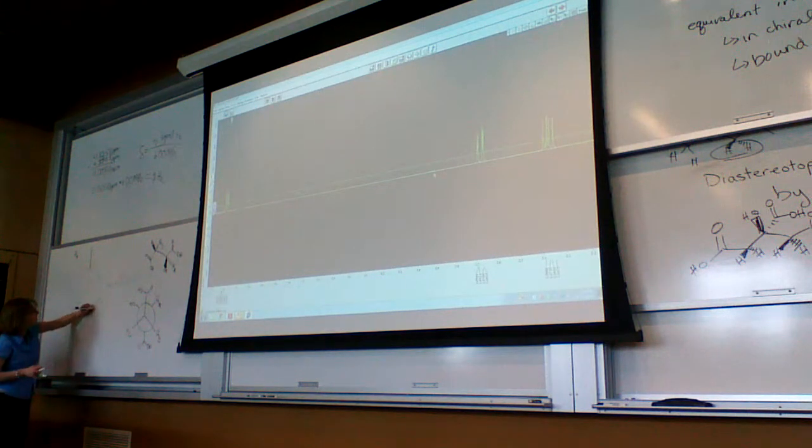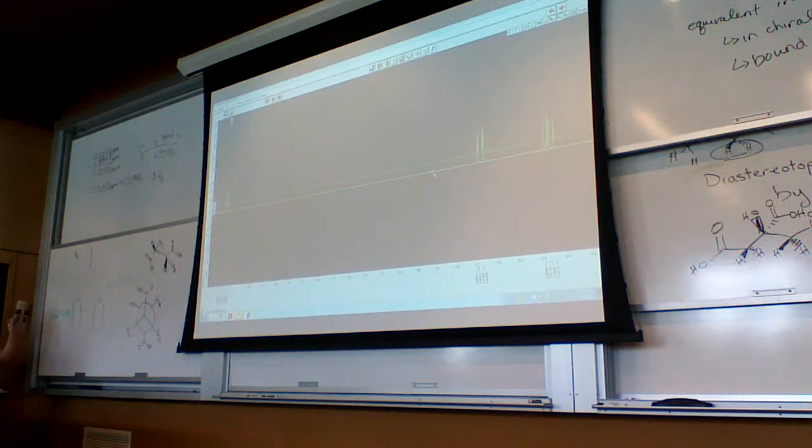So then we draw out the second set of peaks from the JAB coupling, which is 3.0 hertz.